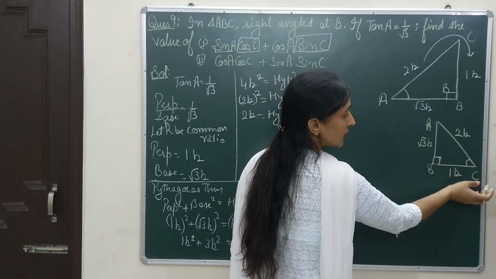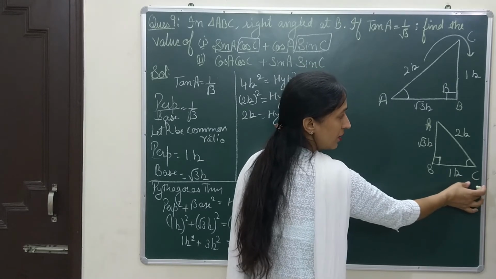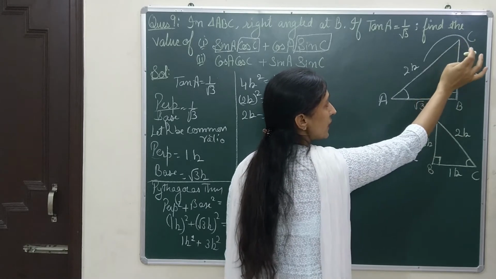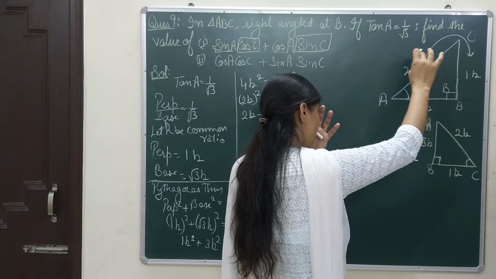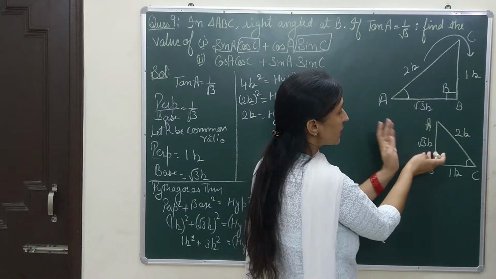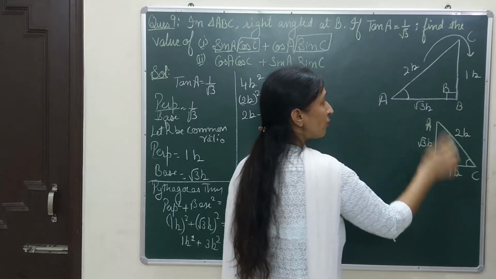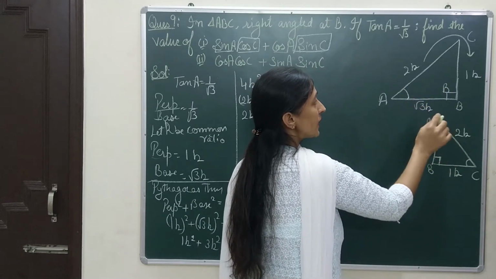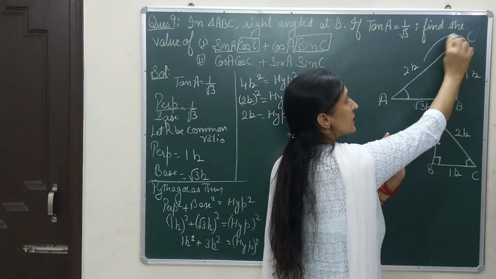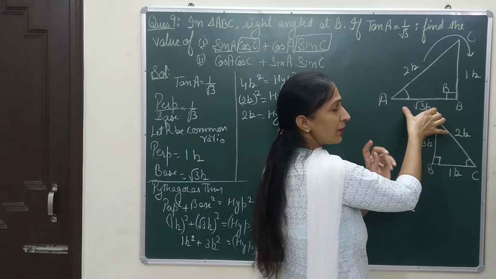For finding sin C and cos C, C must be there on the baseline. If C is up there, you can't find the values of cos C and sin C. You have to imagine, but it is better to rotate. When you rotate, everything will be clear that this is perpendicular, this is base, this is hypotenuse. Otherwise, if you don't want to rotate, then keep in mind that suppose it is rotated, then in that case C will be down, so perpendicular will become base and base will become perpendicular.